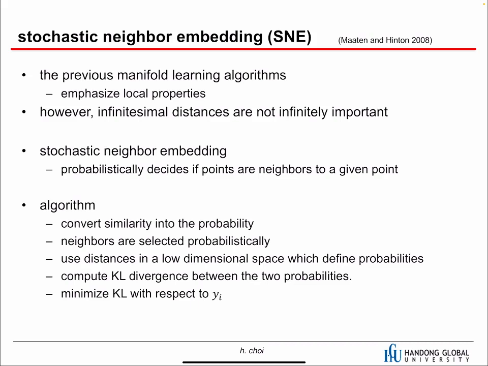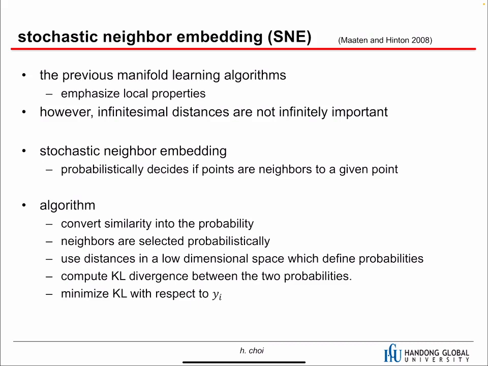Okay, so let's talk about TSNE or SNE, which is a stochastic neighbor embedding. Okay, and the previous manifold learning algorithms, ISOMAP and LLE, they emphasize local properties. So we actually checked the neighbors. In ISOMAP, we used the geodesic distance based on the neighbor information.